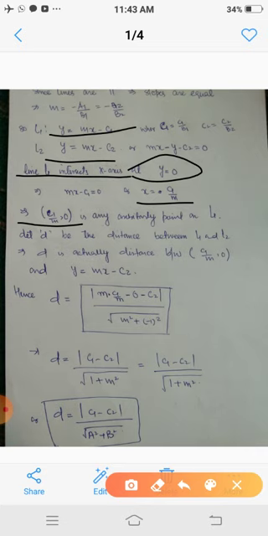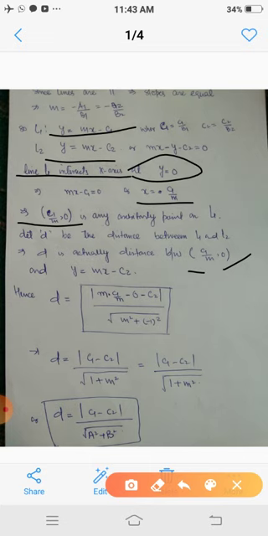Also, the distance is the same throughout, which implies that we will simply find the distance between this point and the line L2. Now we know that the distance between a line and a point is given by d = modulus of (ax1 + by1 + c) upon root of a square plus b square. So here x1 is c1 by m, y1 is 0.